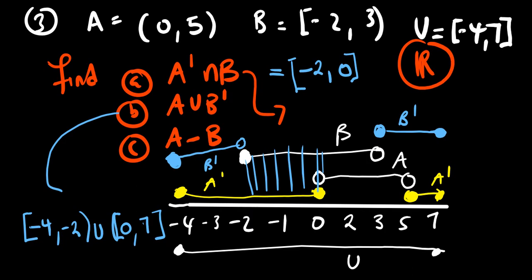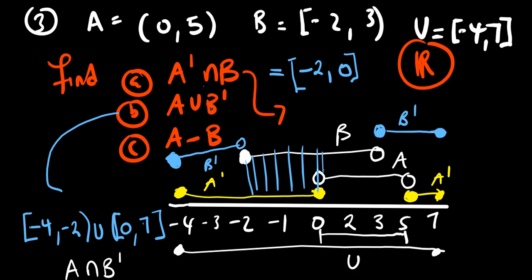Then the last question is A minus B. You want A, but you just don't want B. Okay, so what would be A minus B? If our A is from 0 to 5, and we don't want B from A. A minus B is just the same as A intersection B complement.